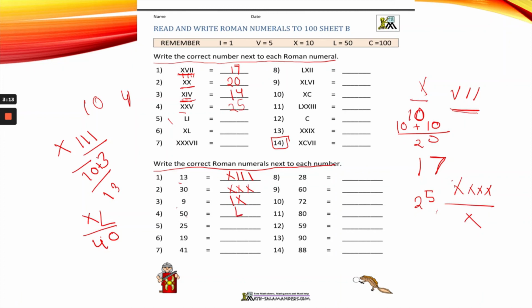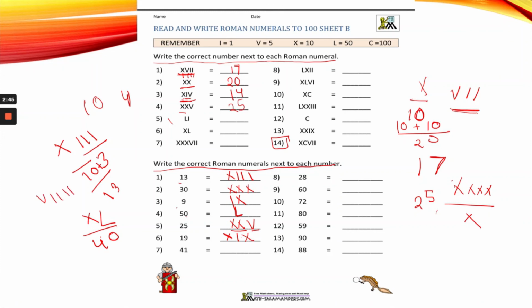So L. Okay, in this I am doing 6 exercises. After that you can do till 14. So the 5 is XXV. So this is 25. This one is 19. So 19 we can write like this, and we will write this X, because if we write it 4 times, we cannot.